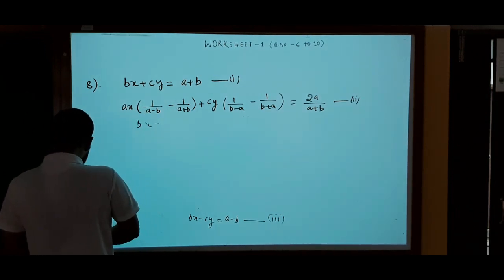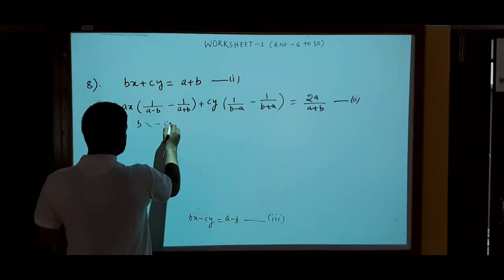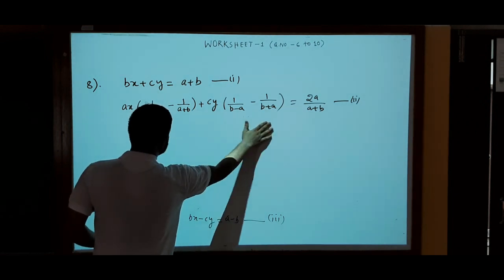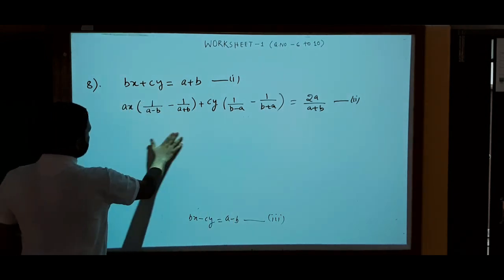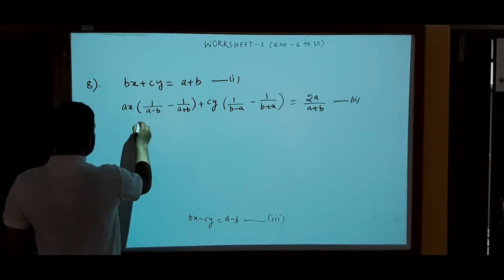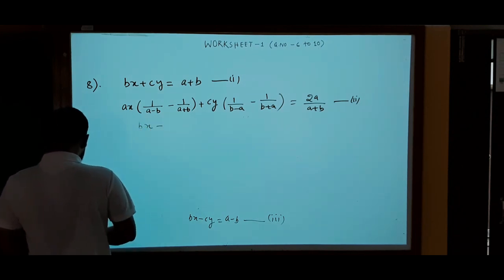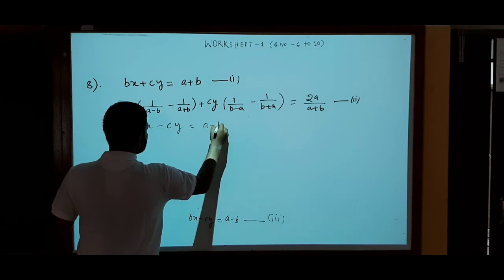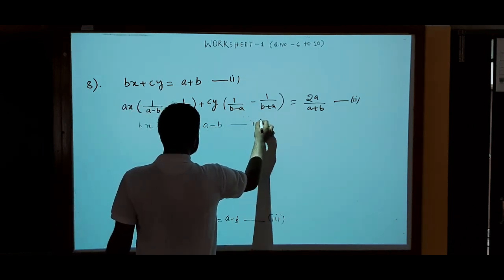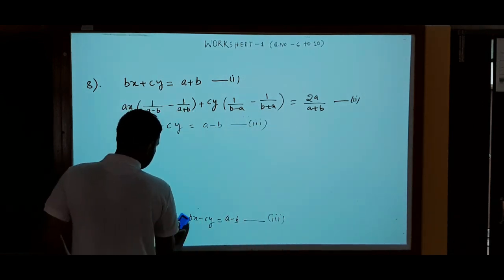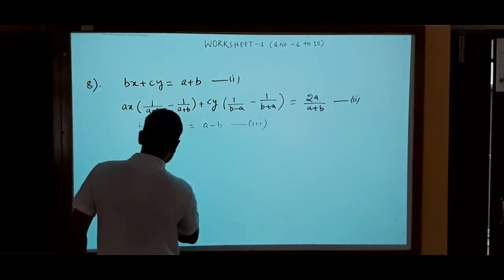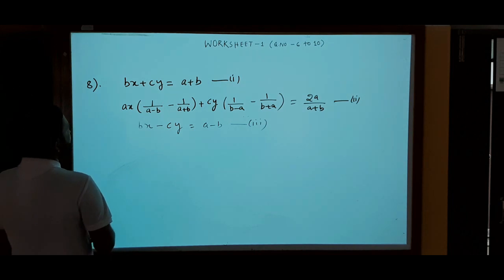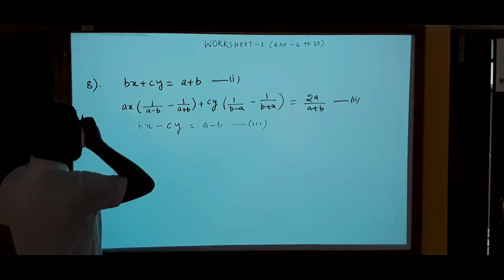Bx minus cy equal to a minus b. This is our equation number 3. Now, what do you have to do?